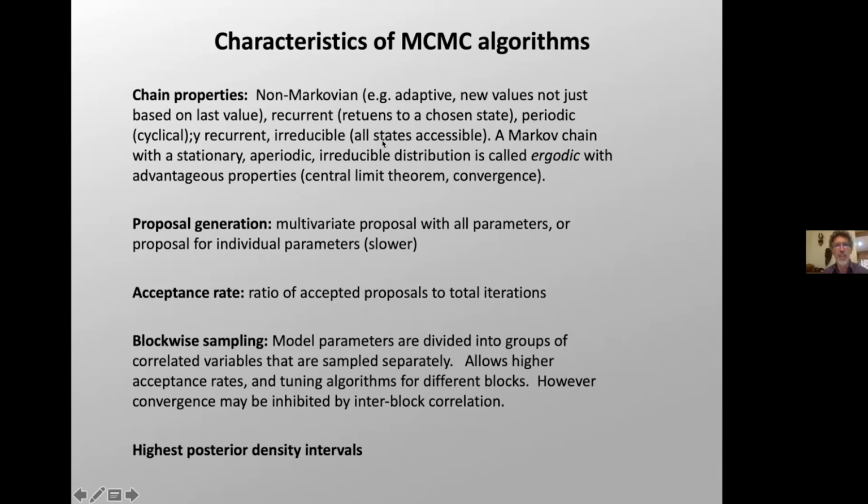What you really want is an irreducible one where it can reach anywhere in the space, and then of course chooses wisely. Then there's a theorem called the ergodic theorem, which is powerful, but it only applies to a certain kind of Markov chain that is stationary, aperiodic, and irreducible.